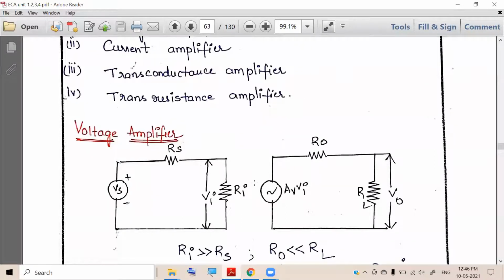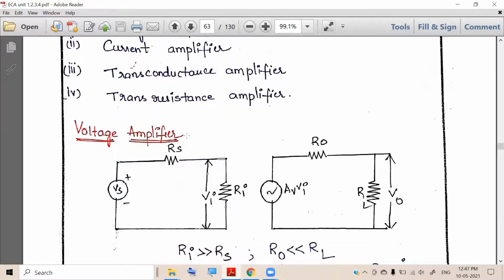But if that is not happening, then there is a loss here. Next, another possible loss is here. Whatever amplified signal is generated, we want that signal to reach the load without losses. So the possible losses are here and here.